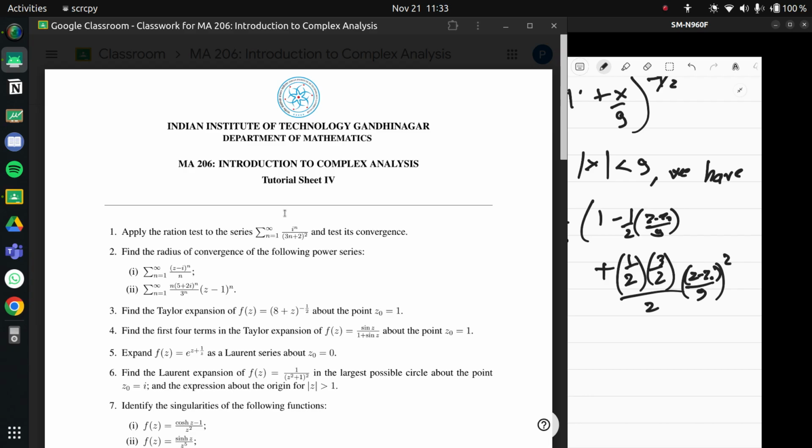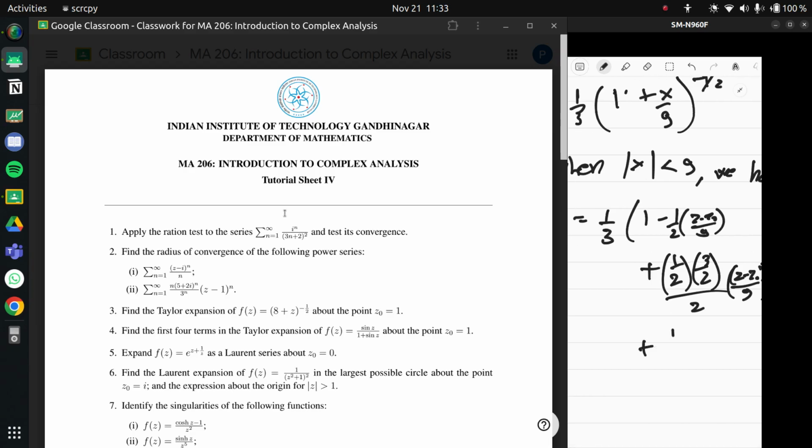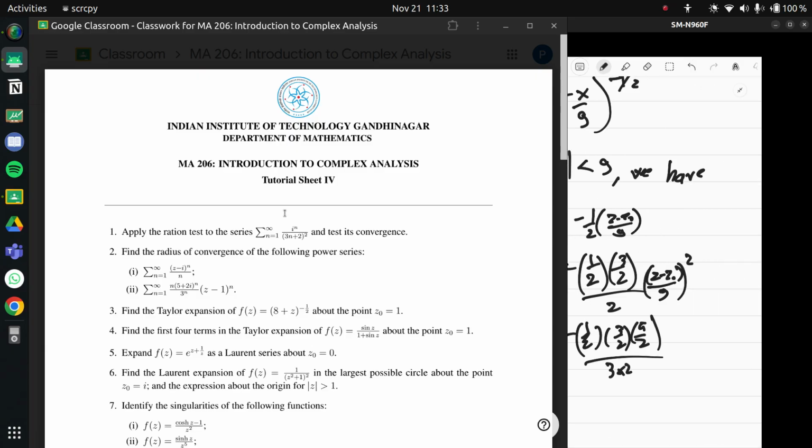This whole thing is now squared, plus so on. So that one is going to be negative 1 by 2, 3 by 2, 5 by 2 upon 3 factorial, so that's like 3 times 2. Yeah, so you get the thing. Next one's going to be 4 factorial, but the 4 won't be there. And it just keeps going like that.